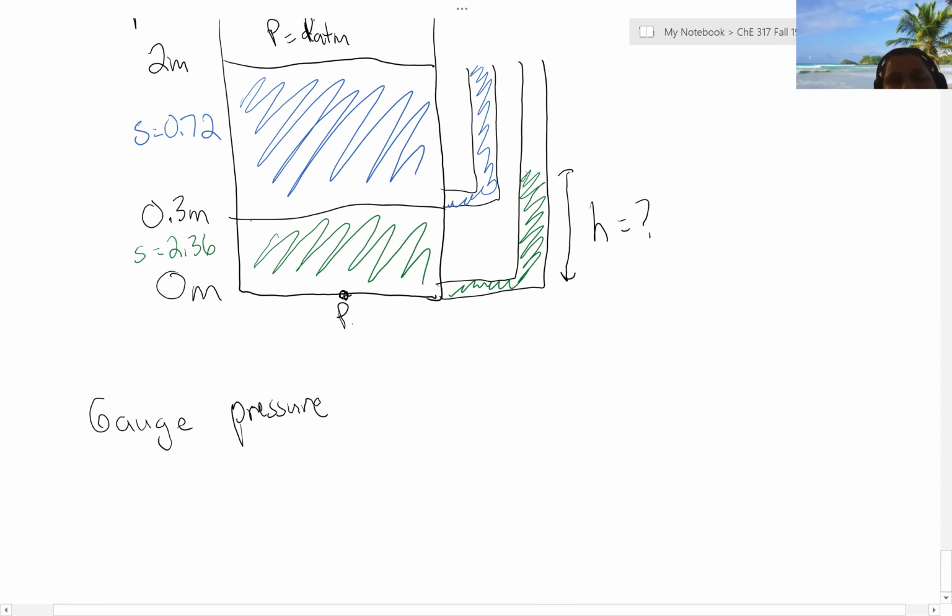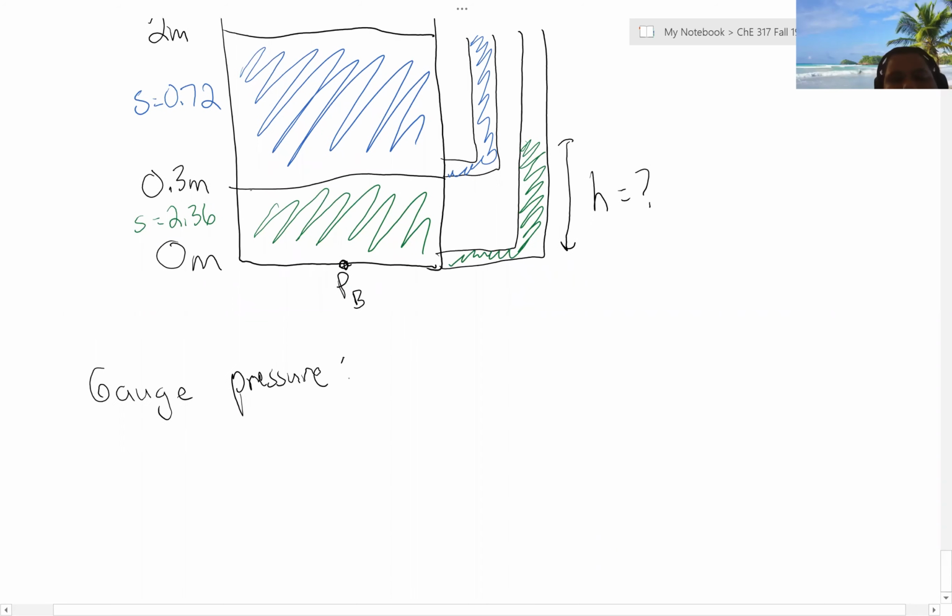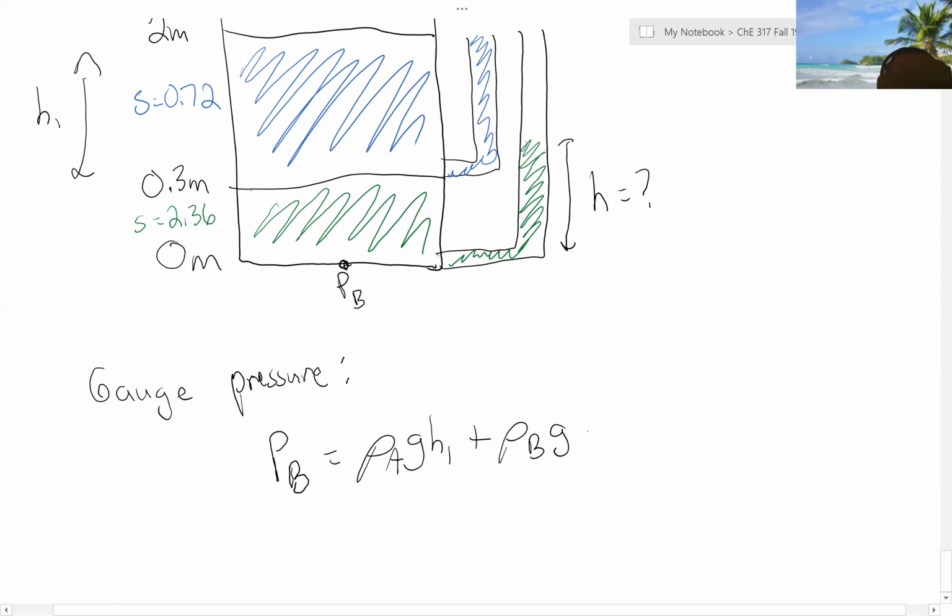P sub B. P sub B is equal to the density of fluid A times gravity times this height here, which I'll call H1, plus the density of fluid B times gravity times the height here, which I can call H2.